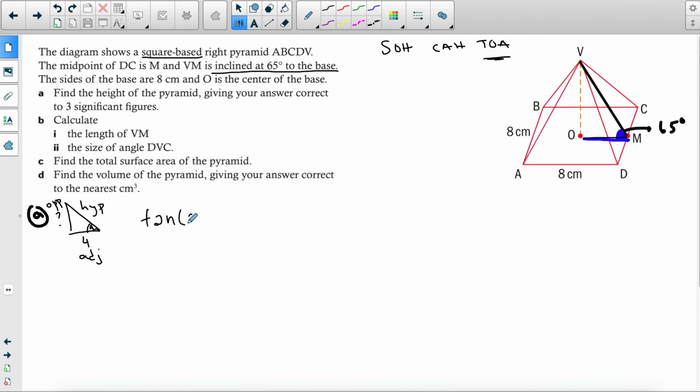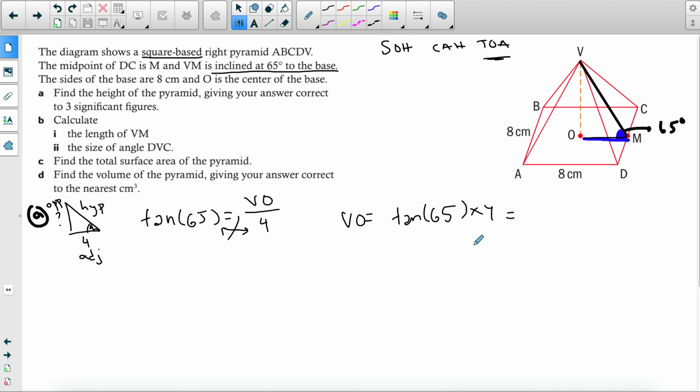So tan 65 is equal to the opposite, which we're missing, I'm going to write it as VO, divided by the adjacent, which is 4. And so we need to cross multiply. So the vertical height is tan 65 times 4.